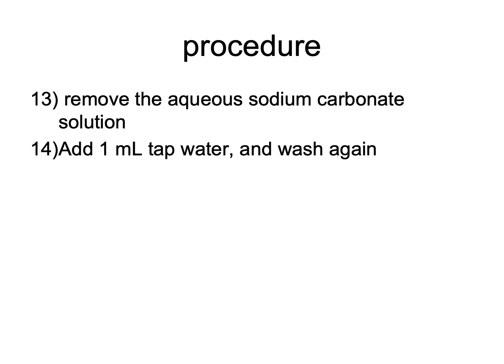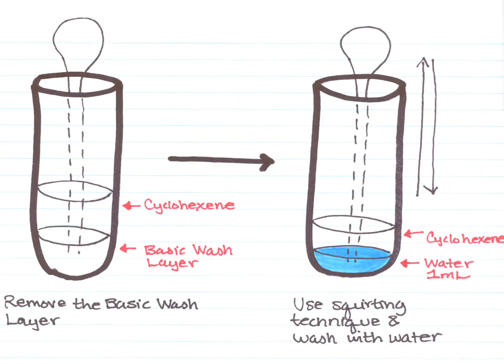To remove the aqueous sodium carbonate, we are going to add water again to wash and make sure we don't have any residue remaining inside the cyclohexene. You see that we washed it, and then we have 1 milliliter of water at the bottom of the test tube.